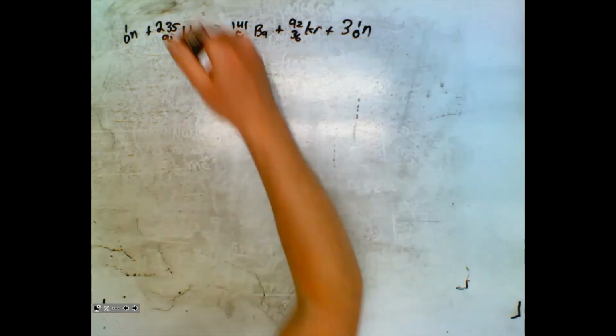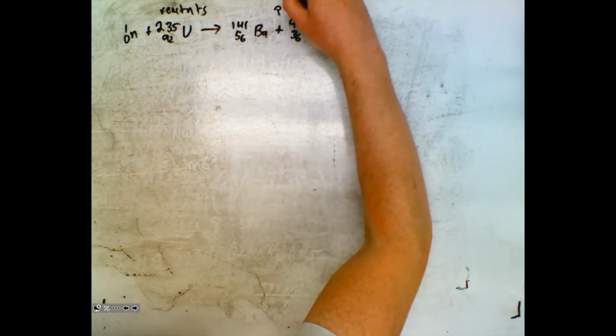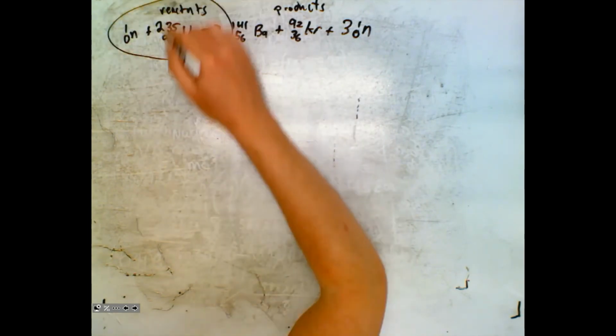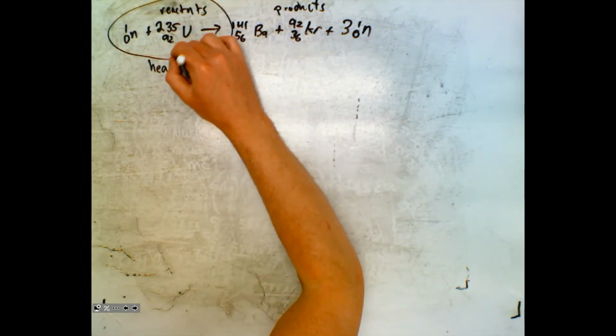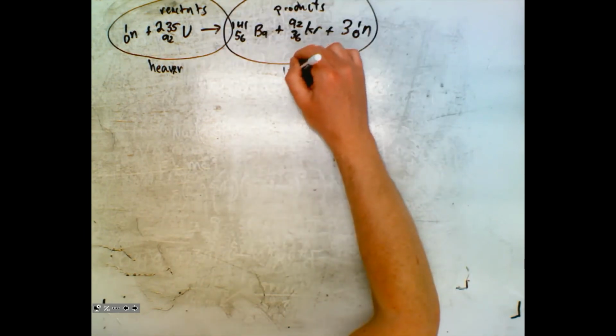So what I need to do is, where the energy comes from for this reaction is, you can think of this as our reactants, and these are our products. Our reactants are always just a little bit heavier, and our products are always just a little bit lighter.